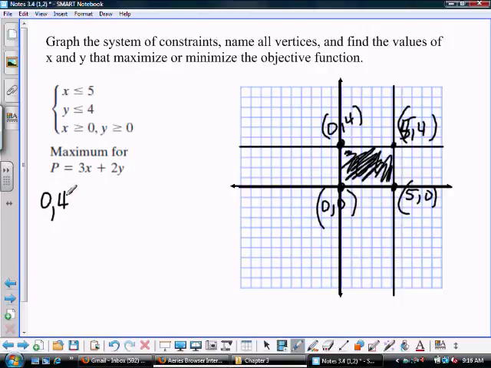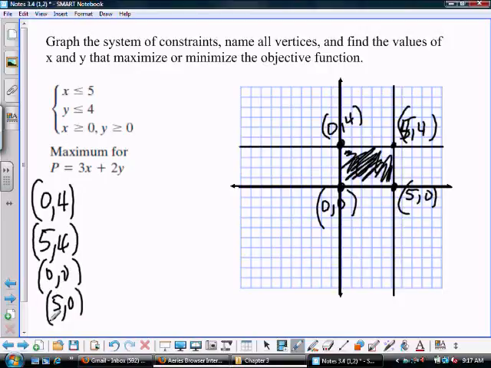So 0, 4, 5, 4, 0, 0, or 5, 0 gives me a maximum in the function 3x plus 2y. So I go 3 times 0, plus 2 times 4, and I get 8.